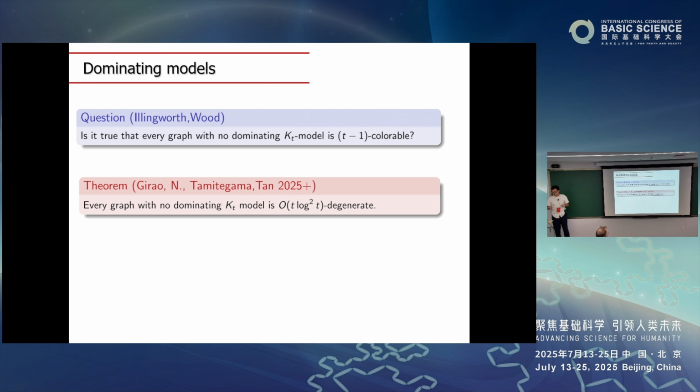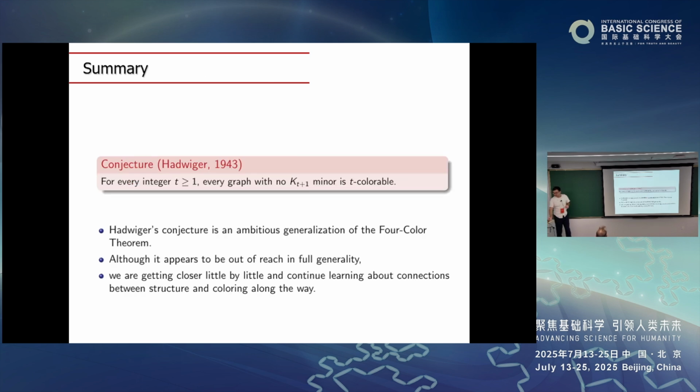Okay, and let me just very quickly summarize. This is a conjecture. It has been pretty important for a while. It currently seems to be out of reach. But we're trying to approach it from all different directions, and we're making a little bit of progress, and we are learning.